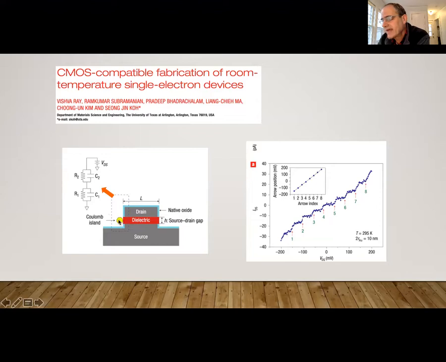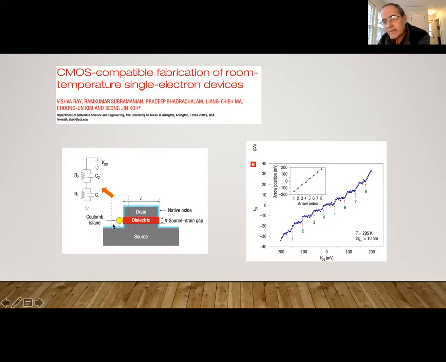Some of the gold nanoparticles ended up sticking to the dielectric in between the source and the drain. Now these are the metal islands between source and drain that will allow these funny effects, Coulomb blockade and Coulomb staircase.